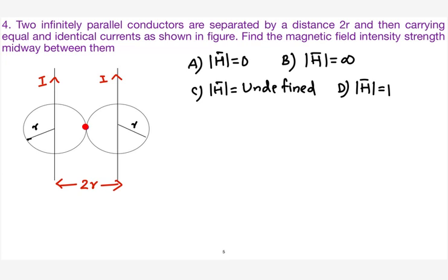These are infinite parallel conductors separated by 2R carrying equal and identical currents. So what will be the magnetic field intensity at the midway between them?